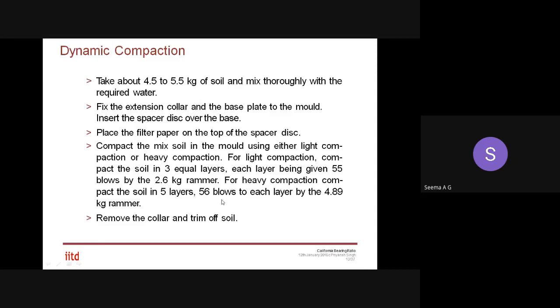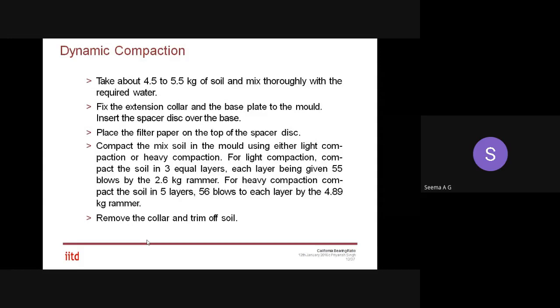After filling the sample in the mold with the collar, the collar is removed and the excess soil is trimmed off. After trimming off the excess soil, we have to place a filter paper on the top of it. So the sample preparation is over.